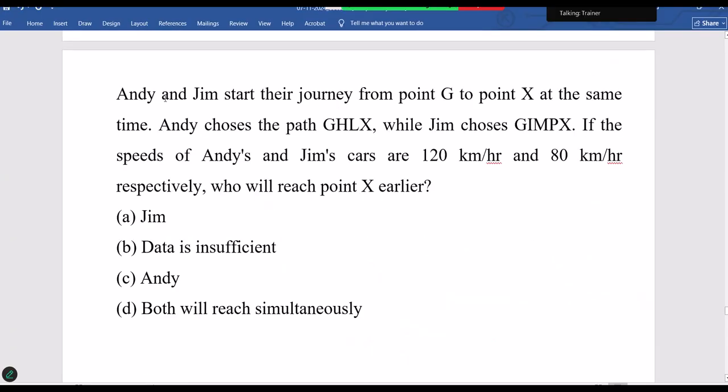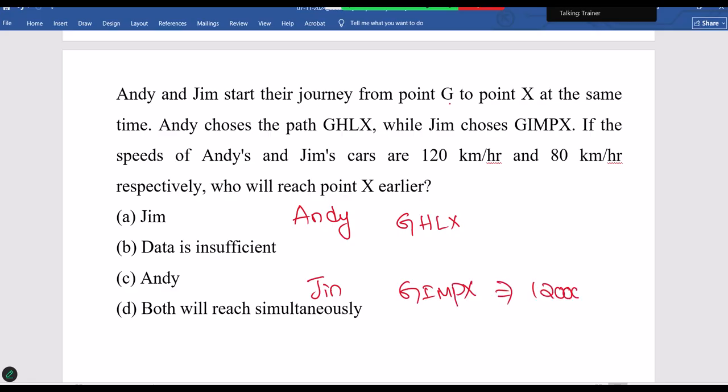Now, the next question related to that is: Andy and Jim start their journey from point G to X. Both are moving from G to X. Andy is traveling the GHLX path. Jim is traveling the GAMPX path. We know the GAMPX path, just now calculated, is 12,000 kilometers.